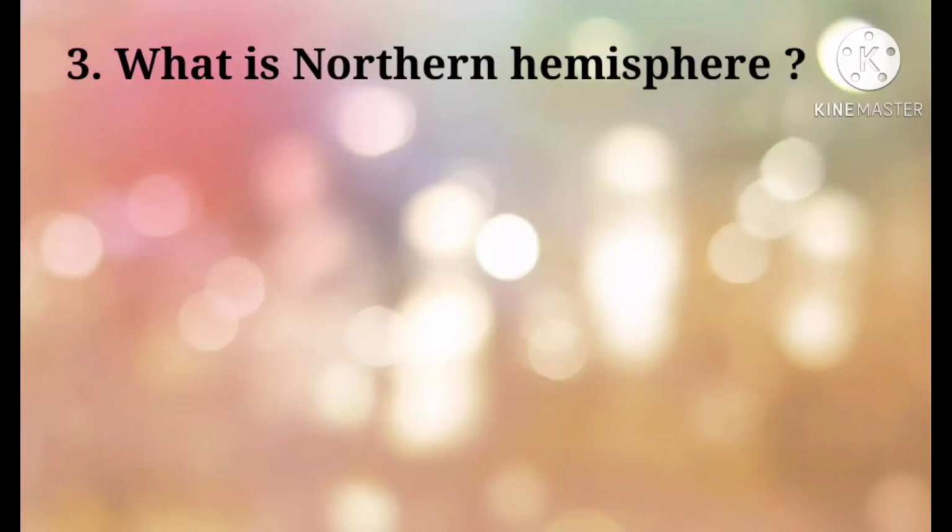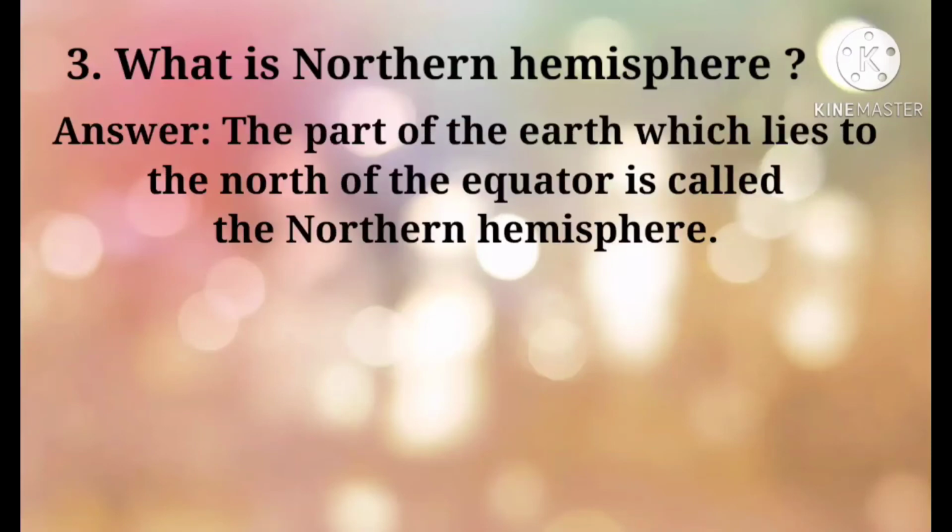Now our question number 3 is, what is the Northern Hemisphere? The answer is the part of the earth which lies to the north of the equator is called the Northern Hemisphere.